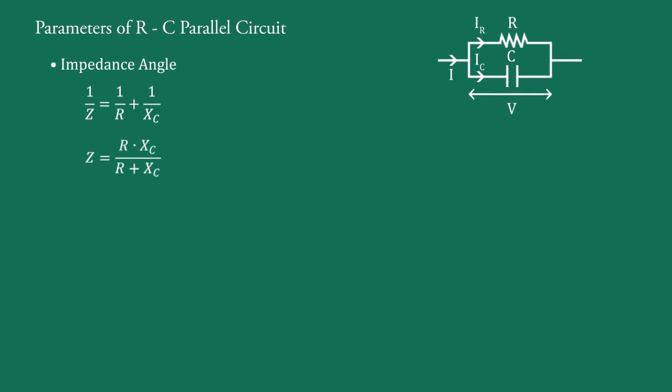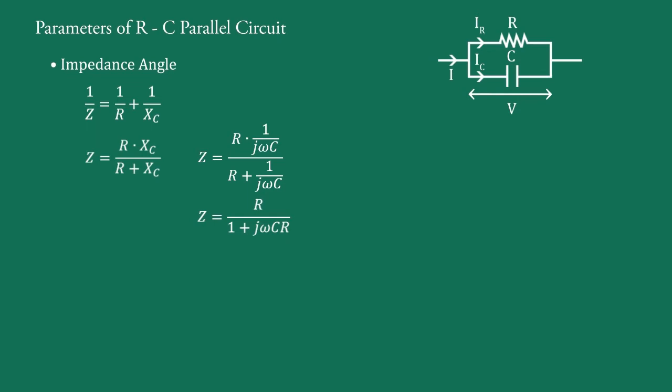Since XC equal to 1 upon J omega C, we can write Z equal to R into 1 upon J omega C upon R plus 1 upon J omega C. By simplifying, it becomes Z equal to R upon 1 plus J omega C R.